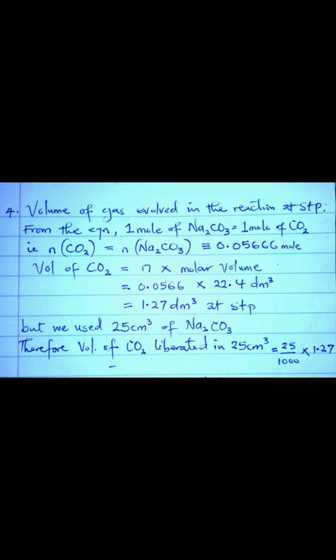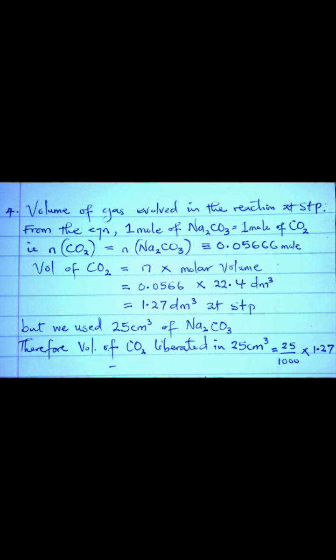But now the Na2CO3 we used in this titration was 25 cm cube, but the answer we just have for the volume of CO2 is 1.27 dm cube. A dm cube is 1000 cm cube, but we just used 25 cm cube. So we have to calculate the volume of gas evolved from just 25 cm cube.